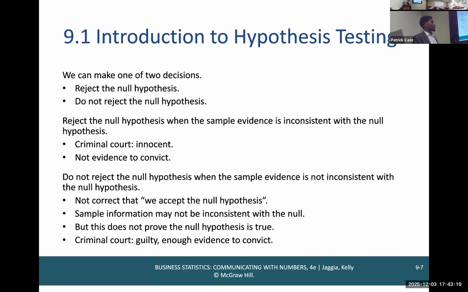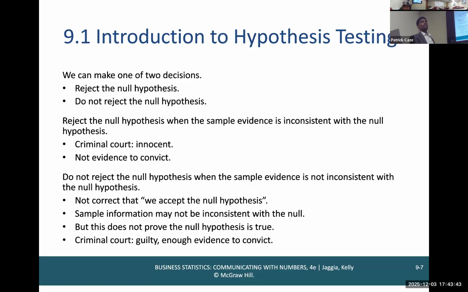It's not correct that we accept the null hypothesis. We don't accept the null hypothesis. We just say that we can't prove it. There's not enough evidence to say that this is true. So we either reject the null hypothesis or we do not reject it, but we can't say that we accept the null hypothesis.